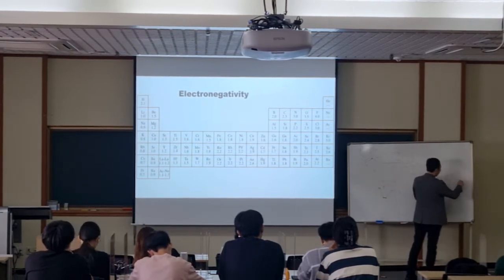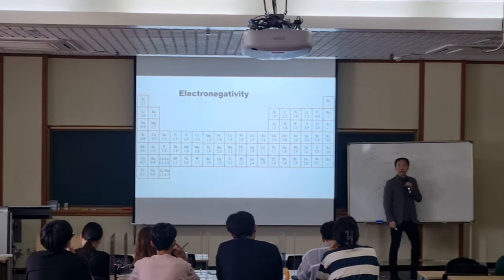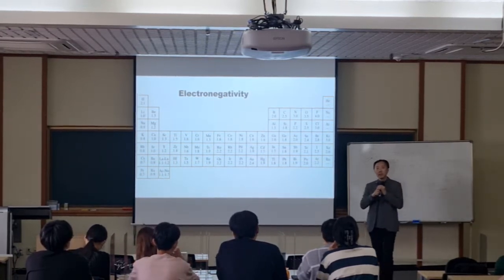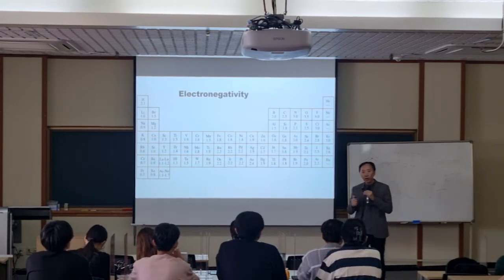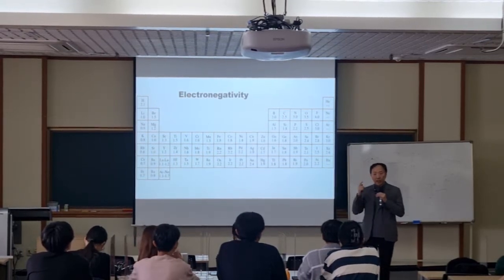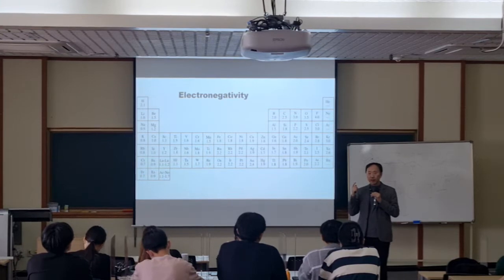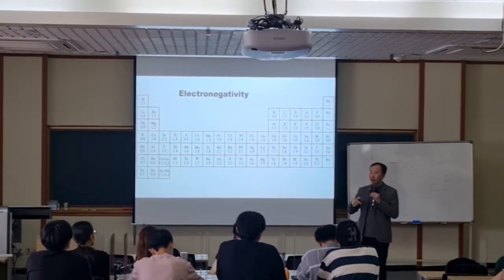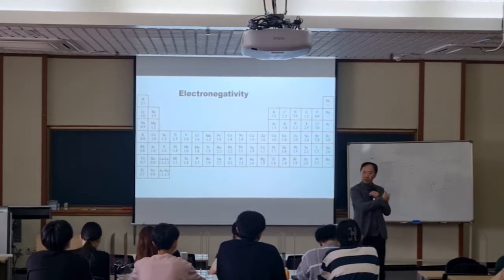These guys are always partially negative. That means that carbon position needs more electrons. That means that position is electrophilic. That is a target of a nucleophile.